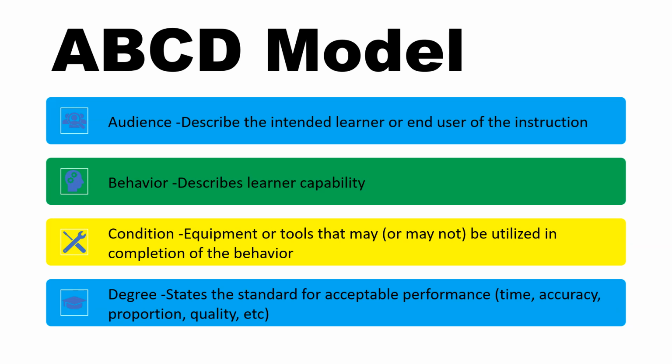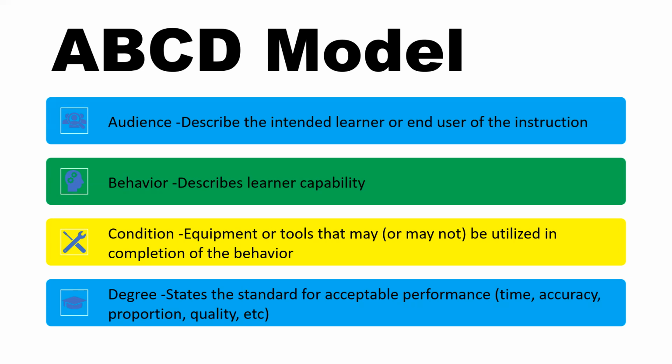So this is the first and foremost thing you have to do as an educator, as a teacher, as a professor. So audience will be your students. You have to describe the intended learner to whom you are presenting the course. So of course, they will be your students, right?